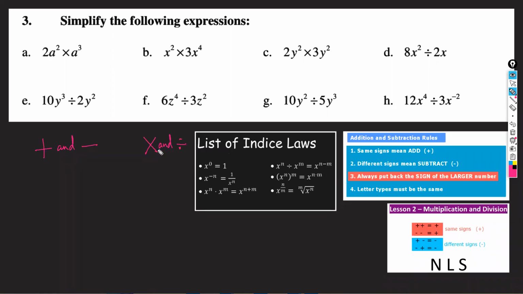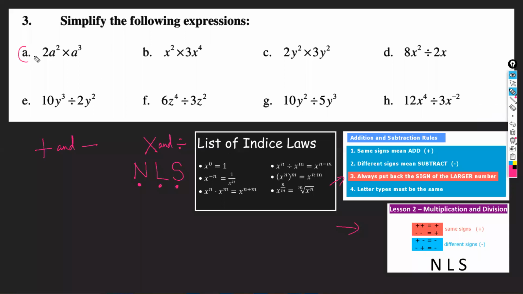And when you were doing multiplication and division, I had introduced something called N, L, and S. Because almost every maths question has 3 things involved: numbers, letters, and signs, right? Like X and Y, that is letters. Everybody knows what a number is. And of course, signs are either positive or negative, right? And I have everything here just in case you all forgot.